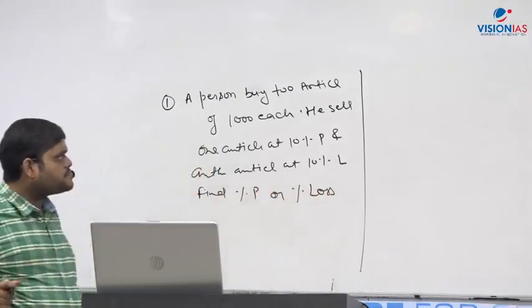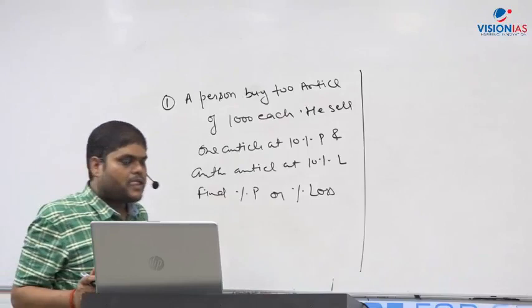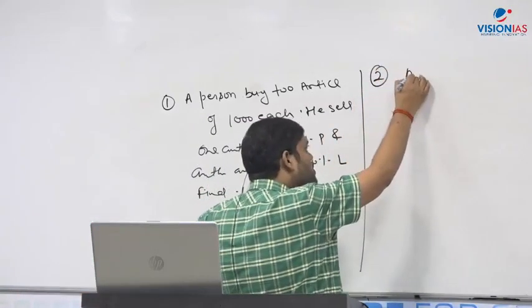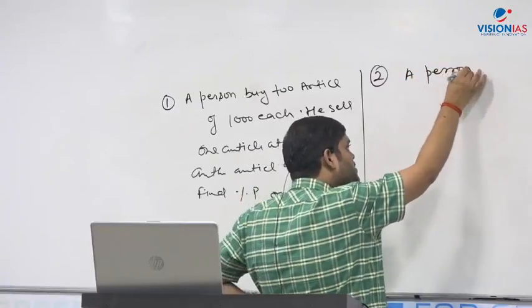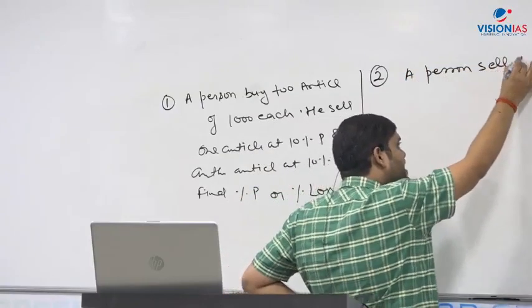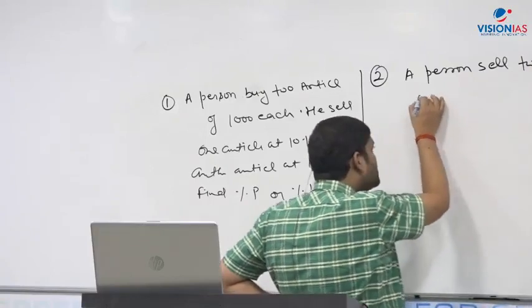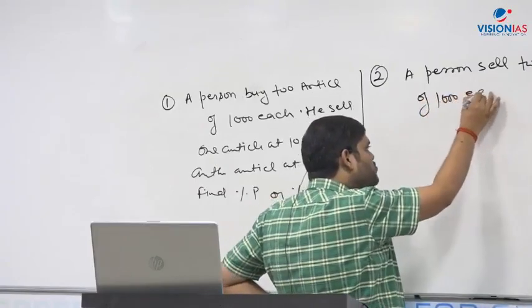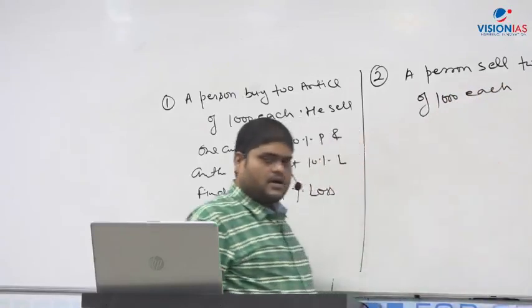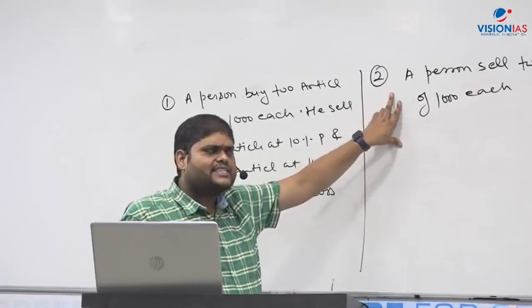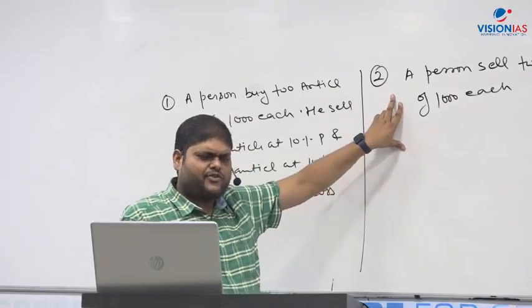The second side, write down: a person sells 2 articles of 1,000 each. This question came in UPSC. The second part came in UPSC, I think 2016 or 15, you can go and check.